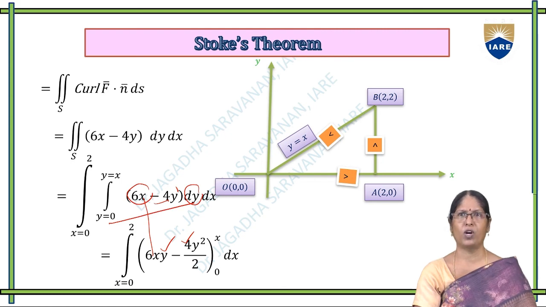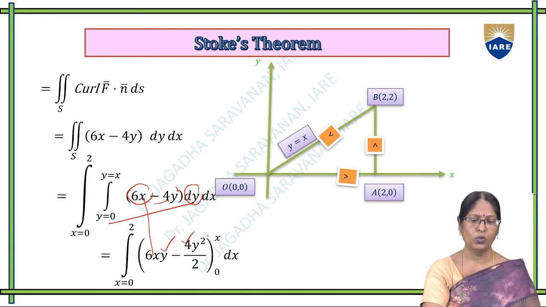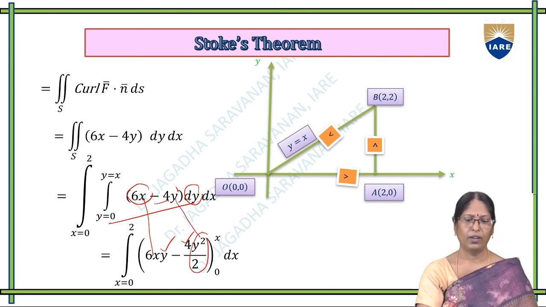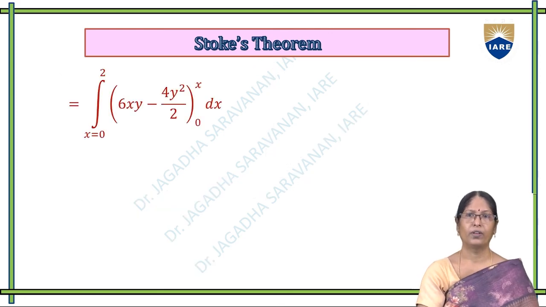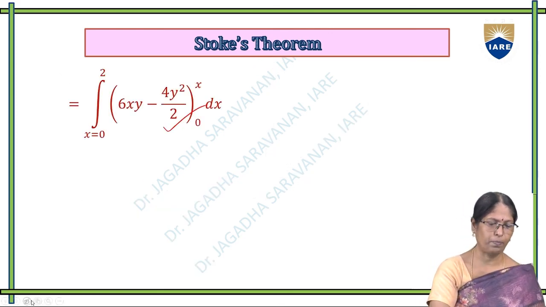This is the simple integral formula we know: x power n dx is x power n plus 1 by n plus 1, and here n is 1. The 4 and 2 will cancel, so this is the last step.